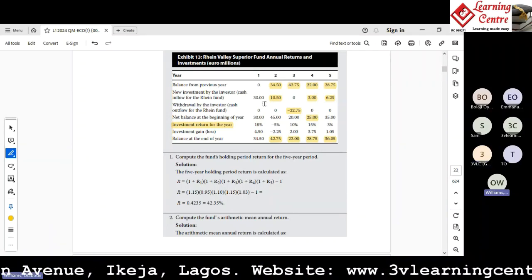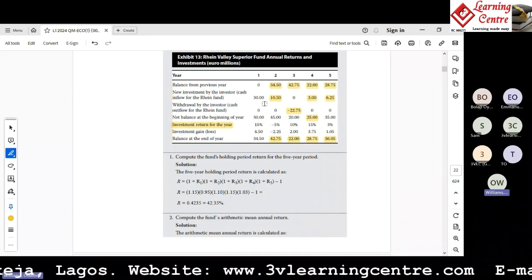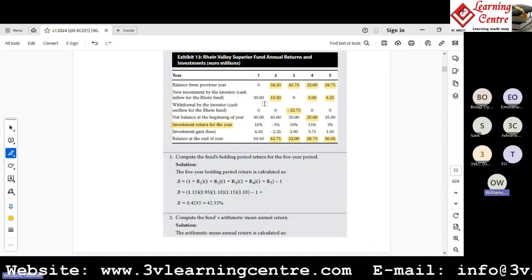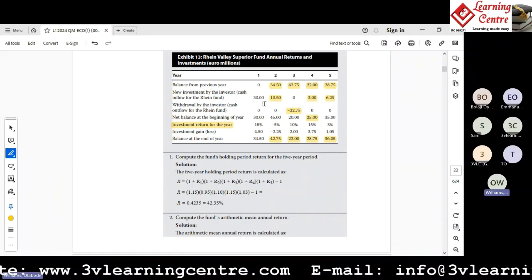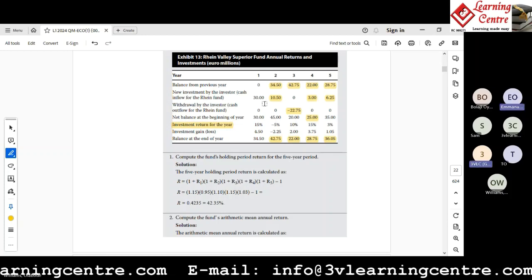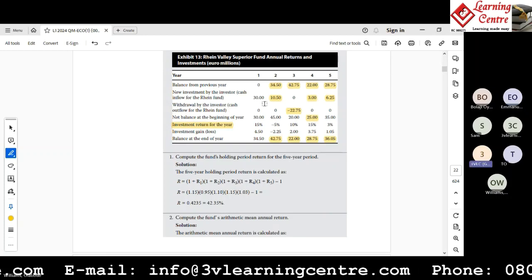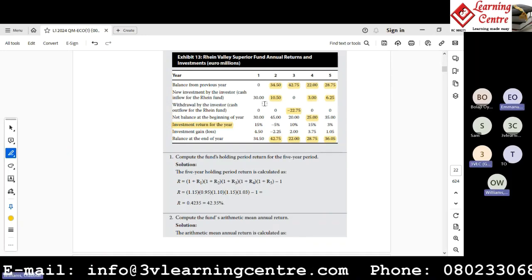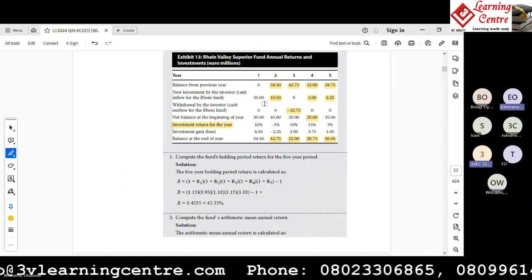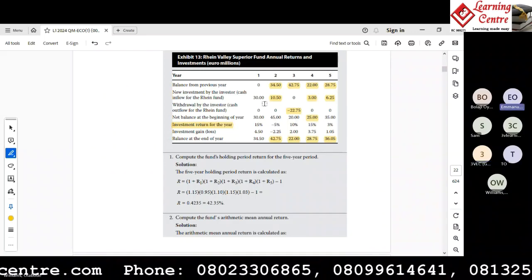Before we go to the answer, given this table, how are you going to approach setting up a money-weighted return calculation? Anyone? Okay. Year 0 will be CF0. The cash flow for year 0 will be minus 34.50.